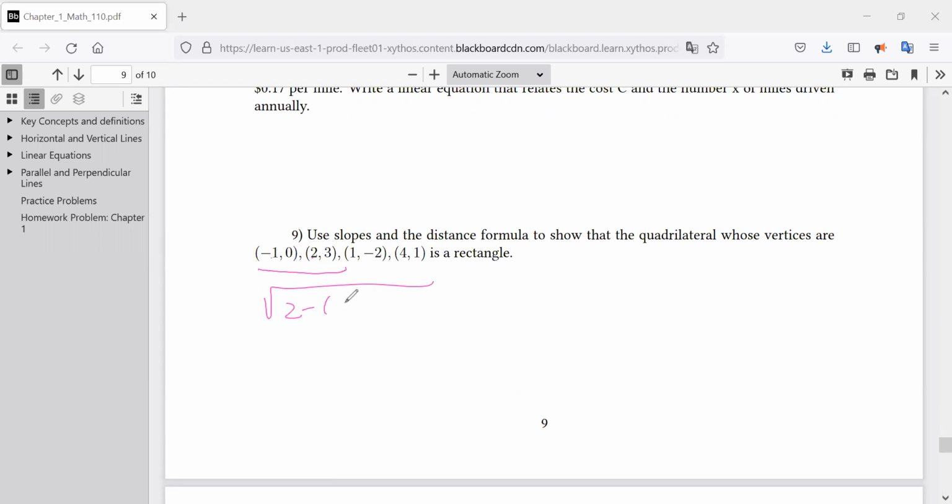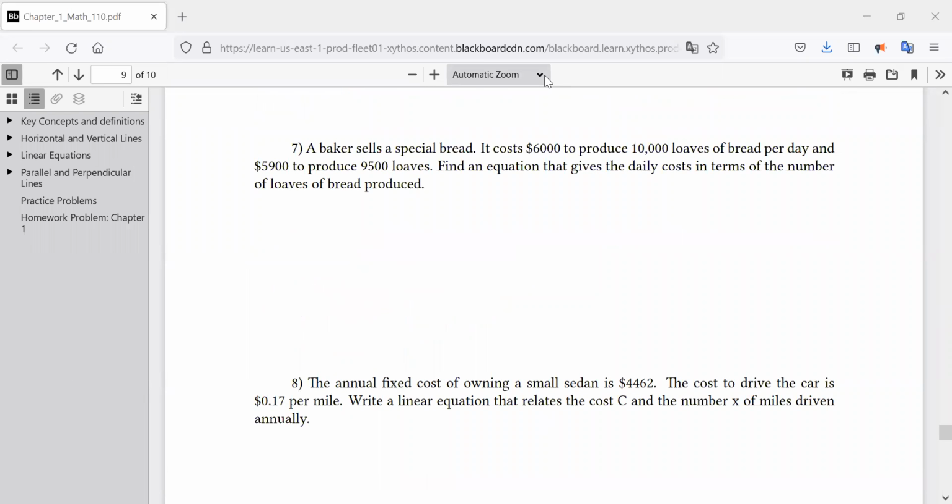So let's do that as 2 minus -1 all squared plus 3 minus 0 all squared. So this is going to be 9 plus 9 square root. So it's going to be equal to the square root of 18 is the distance between these 2 points. So you can find that at the top of the page, but I'll very quickly do this one.